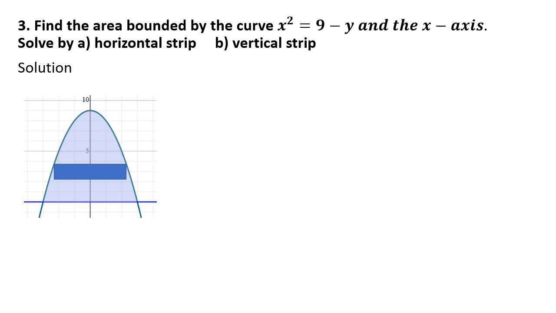So this one, find the area bounded by the curve x squared equals 9 minus y on the x-axis. So this is the curve, x squared equals 9 minus y.